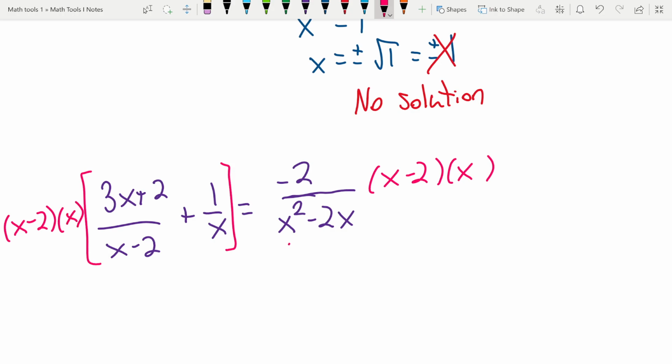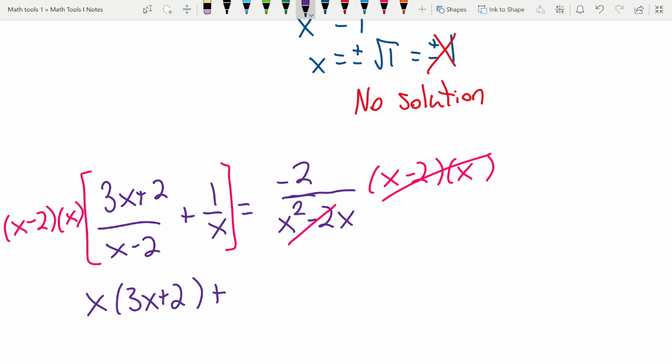So the reason we do this is because now these cancel out, right? X times x minus 2 is x squared minus 2x. So those cancel. Now on this side, the x minus 2's cancel out for the first one. So we're left with x times 3x plus 2. And on the second one, the x's cancel out.